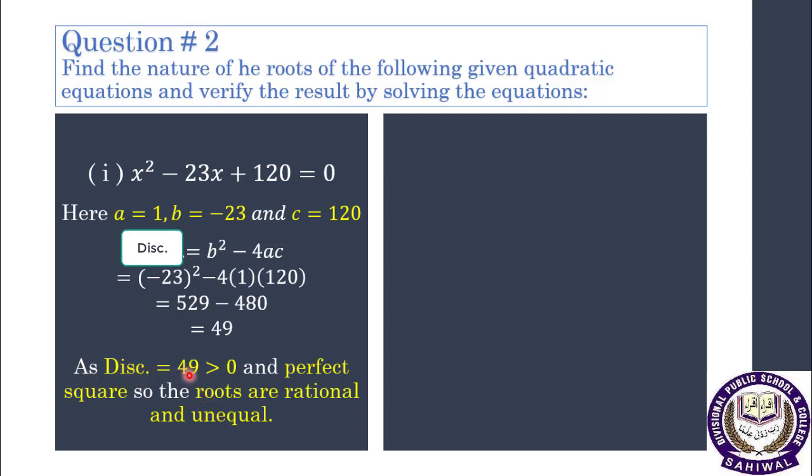As discriminant is equal to 49, which is greater than 0, and 49 is a perfect square, so the roots are rational and unequal. Now we have to verify this by solving the equations.